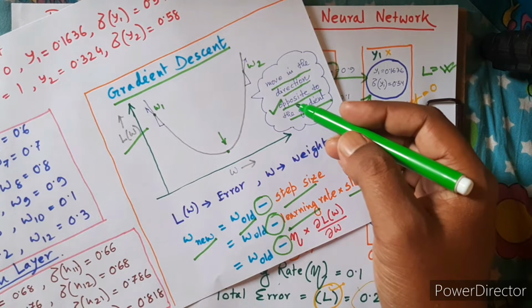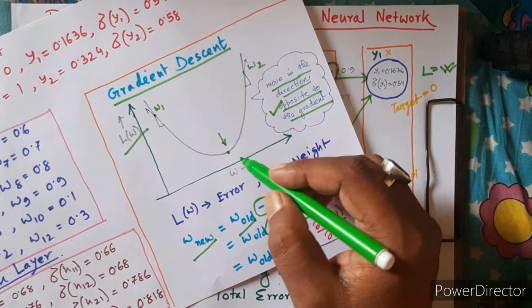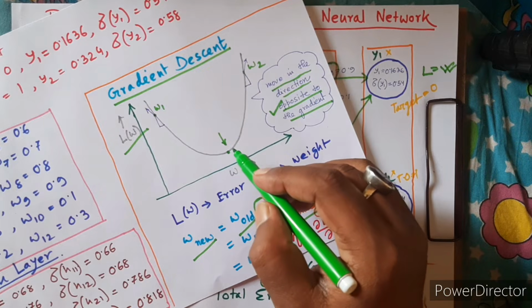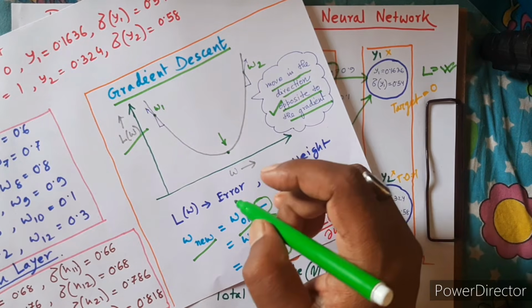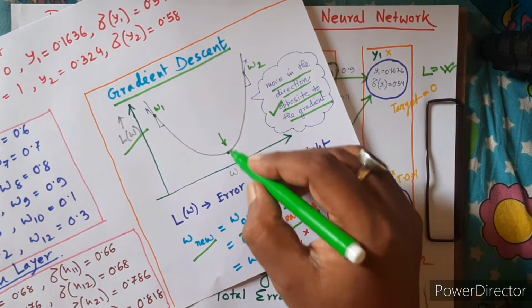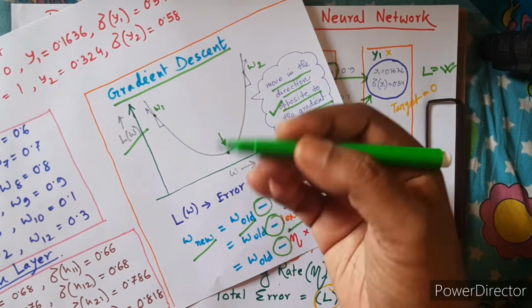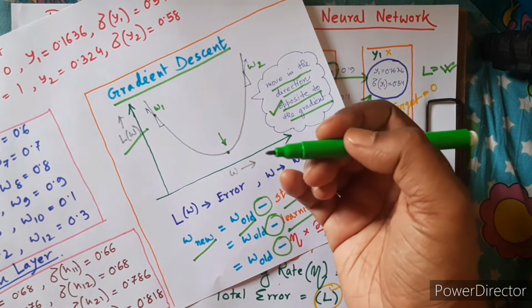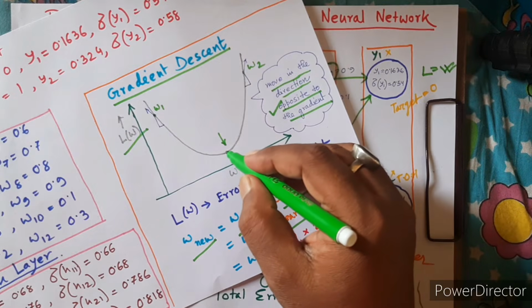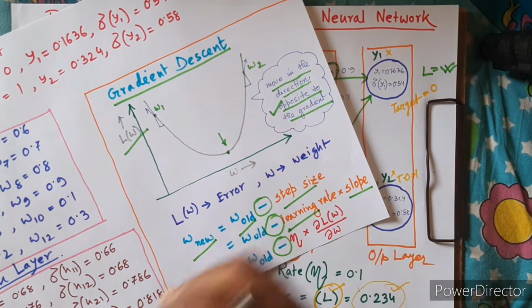You can start with any random number and then eventually you can point to this value where W new is equal to W old. You cannot have a further corrected value of the W so that your loss is minimized at this point.